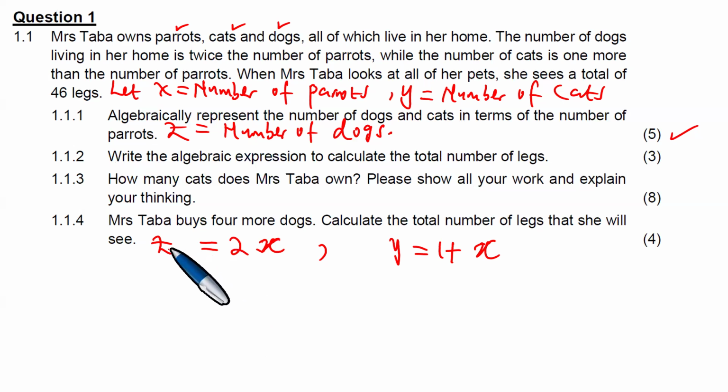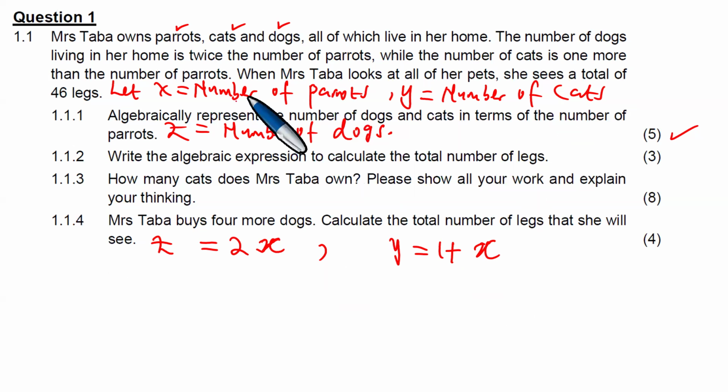But this equation has only 2 variables and therefore 2 animals. The examiner is saying, I don't want these separate equations. I want one equation that's going to have the dogs, the cats, and the parrots all in one. So how do we get this? We need to combine everything here.